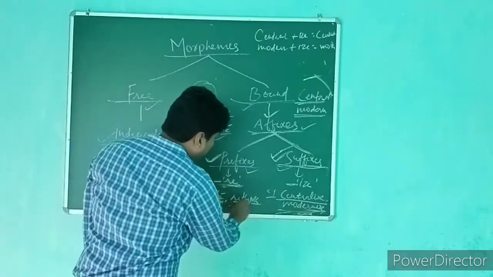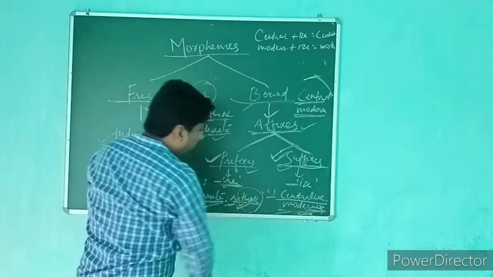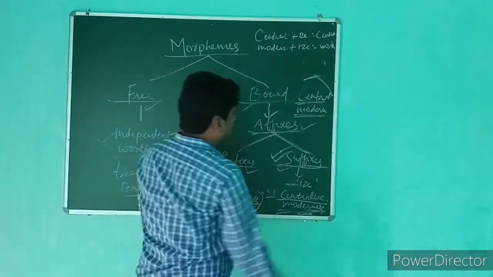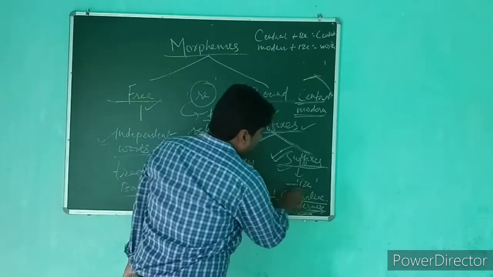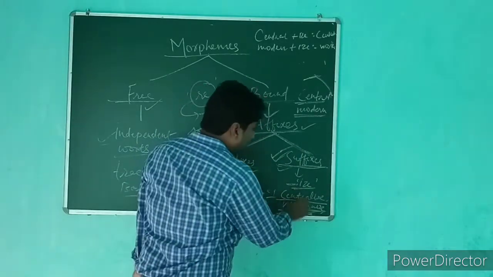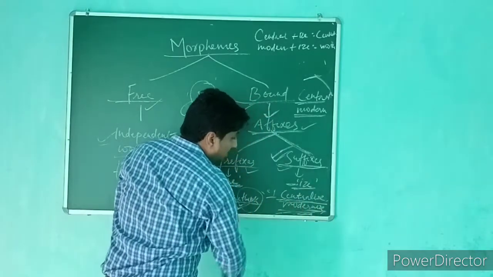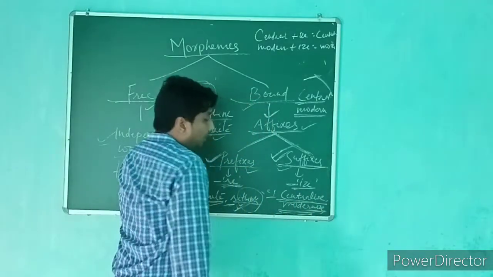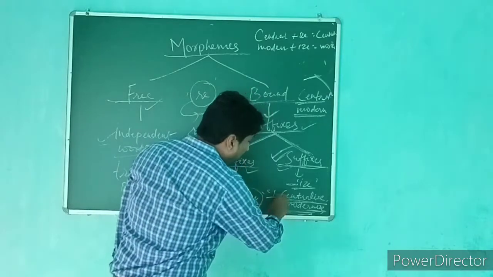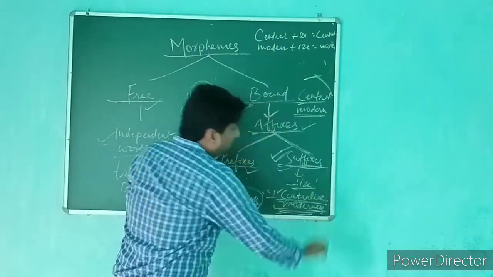Similarly, if we add this prefix re to the free morpheme think, it becomes rethink. Now in suffixes, for instance, we have the suffix ize. If we add ize to the free morpheme central or modern, they become centralize and modernize.